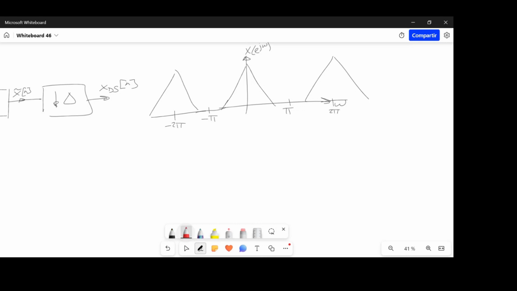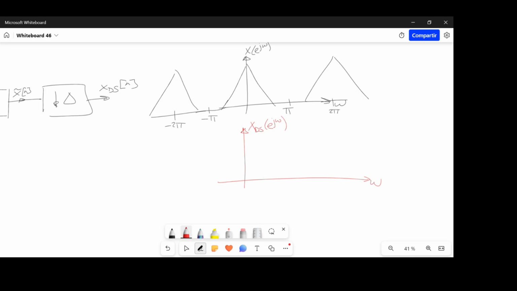When I do the downsampling, what is the operation that will make this have aliasing?